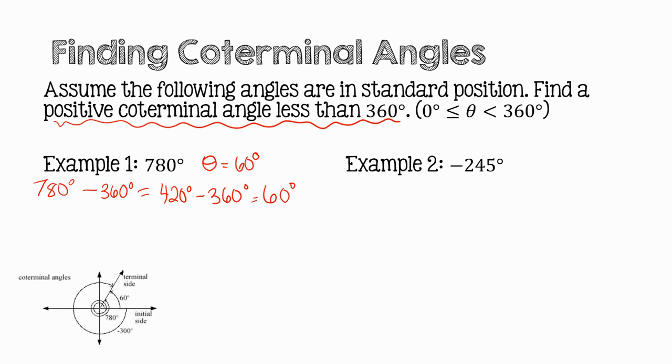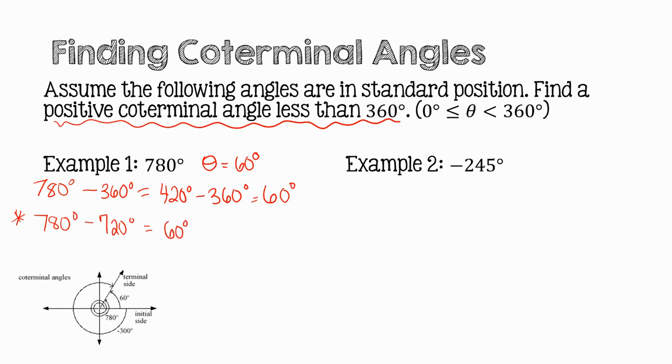So if we take a look at the image here, we can see that 780 degrees is 2 full rotations plus 60 degrees. If you had recognized that it was more than 2 full rotations, knowing 2 full rotations was 720, you could have just done 780 minus 720, and you would have still gotten 60 degrees.